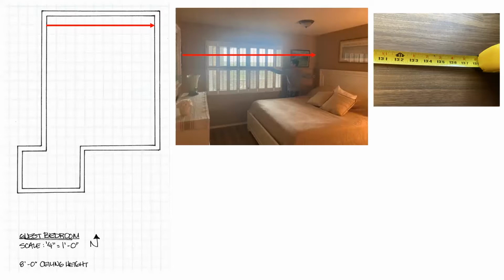On the far right is a photograph of the tape measure showing what he sees. We know the overall length of the wall is 11 feet 6 inches, or 11 and a half feet, and on the floor plan there are 11 and a half boxes filled in for the length of that wall.